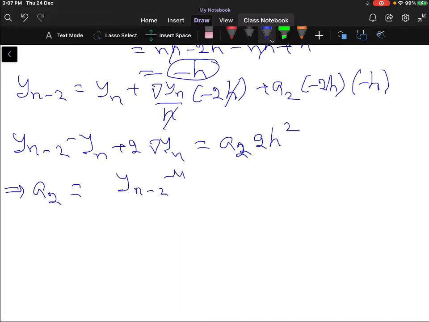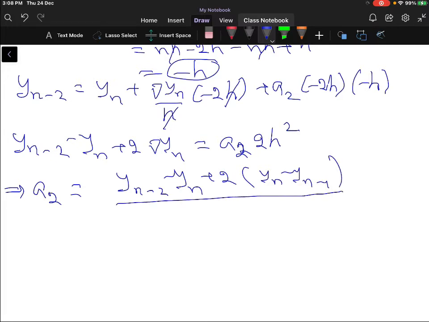So this implies a2 is equal to (yn minus 2 minus yn plus 2 times nabla yn, nothing but yn minus yn minus 1 by using backward differences) by 2 times h square.